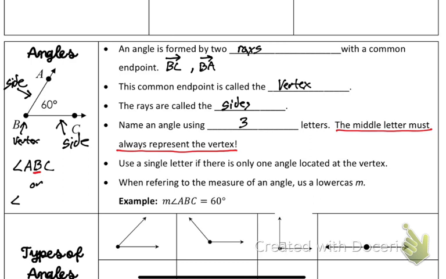Or I could name it angle CBA. Once again, the vertex has to be in the middle.